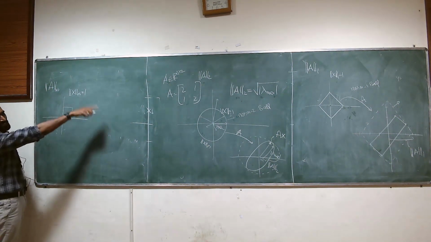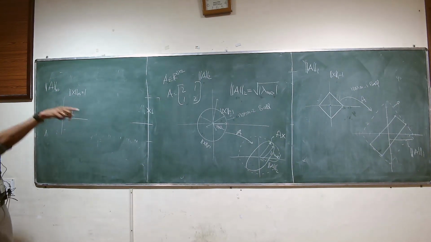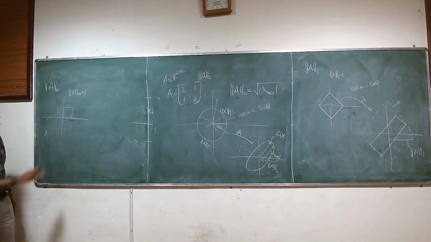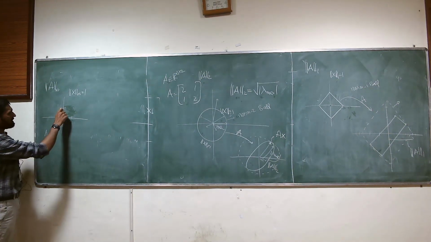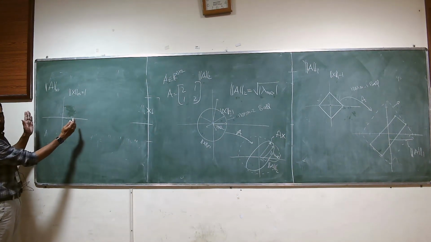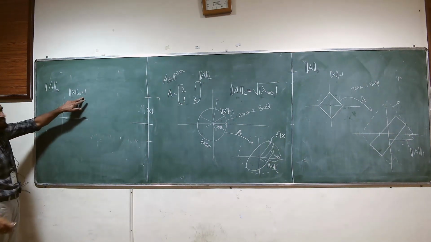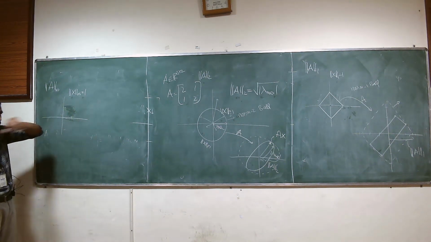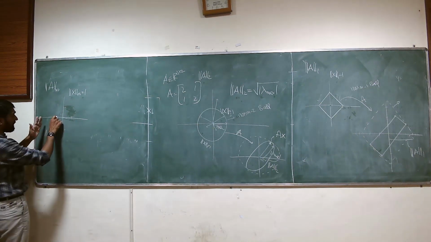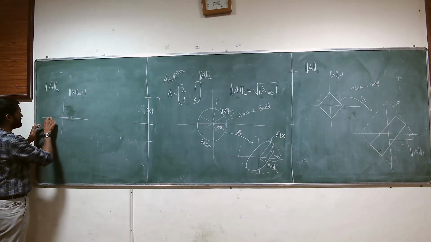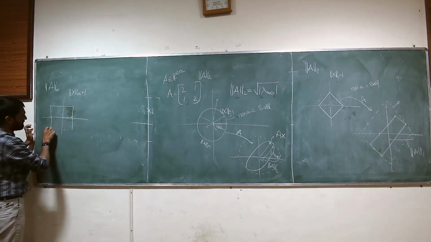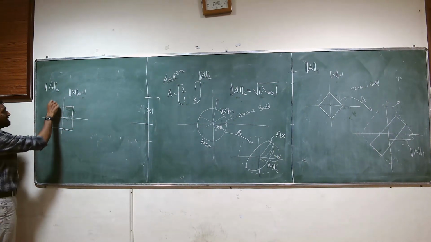What is the infinity norm ball? But what is the width of the square? If the infinity norm is 1, the width is 1, so minus half to plus half. So width is 2. So this is all vectors.